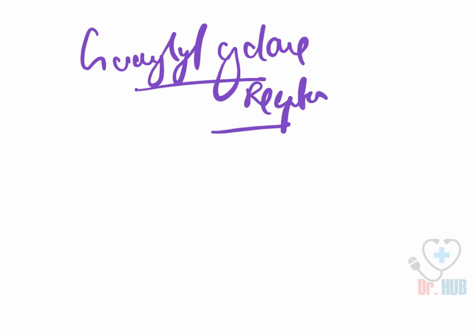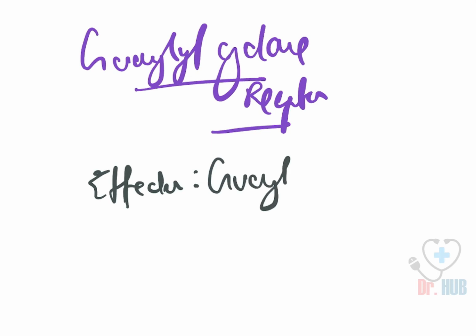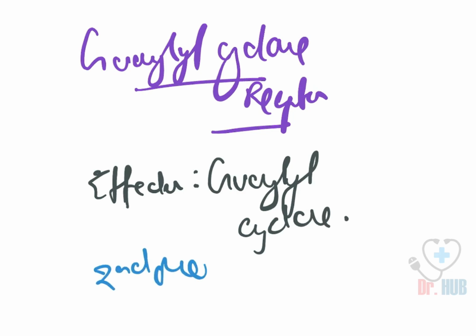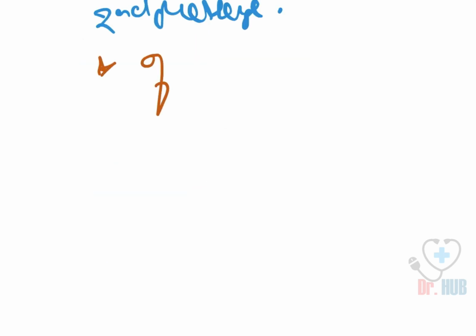Next, we look at the guanyl cyclase receptor. So here, the effector is the guanyl cyclase. The second messenger is the stimulation of cGMP production.